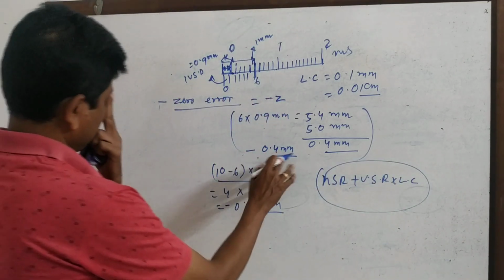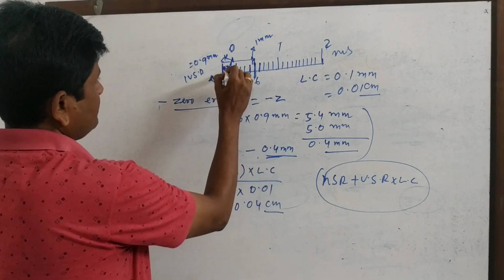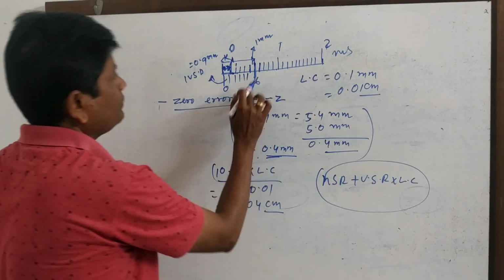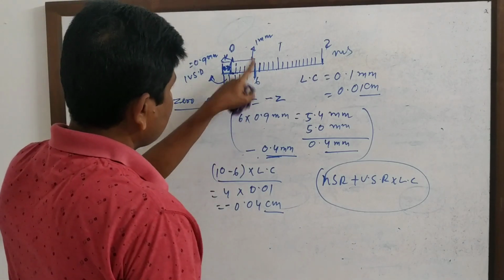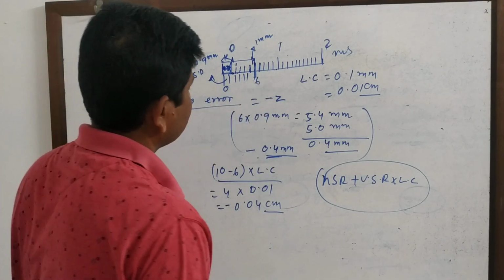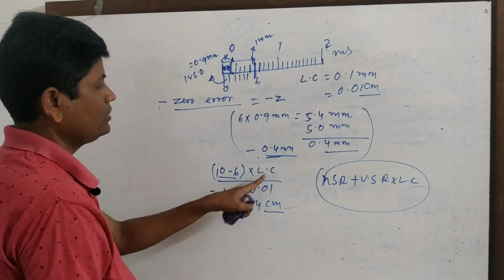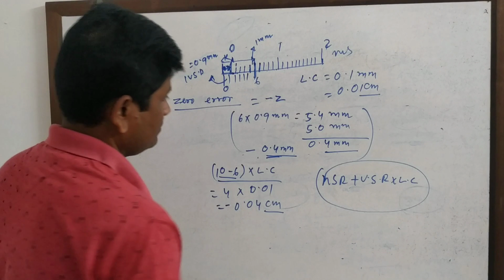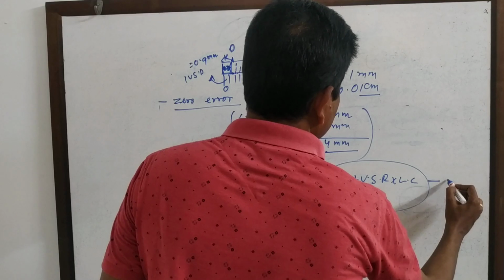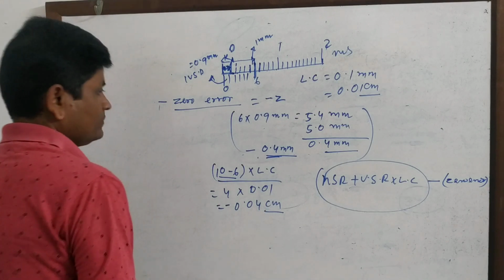Either count this distance or see which mark of the vernier scale exactly coincides with any one mark of the main scale, and subtract it from 10 and multiply it by least count, minus zero error, okay.